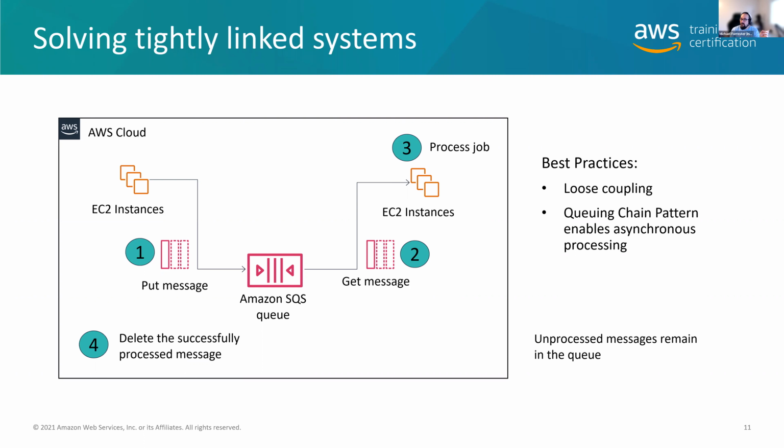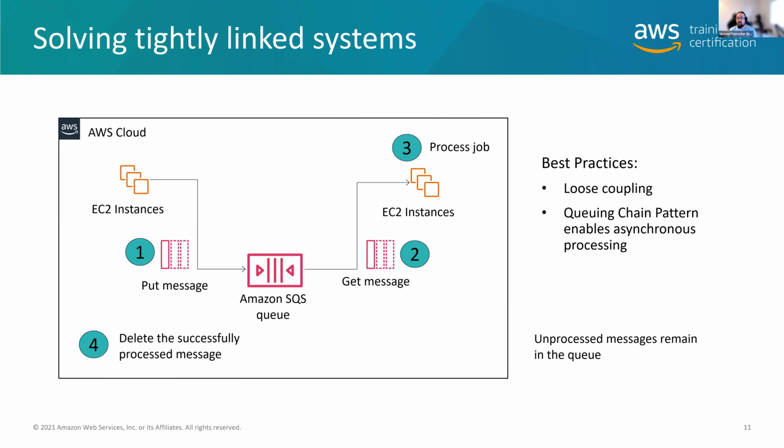What happens if the backend's in the middle of processing a message and it crashes? The queue is going to keep a copy of the message. And if someone doesn't come back and delete it within a certain amount of time, the message is going to become visible again. Because when the message is read off the queue, it turns invisible for a set amount of time.